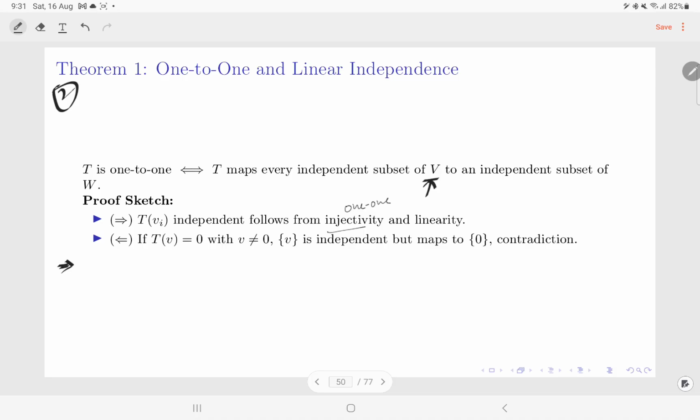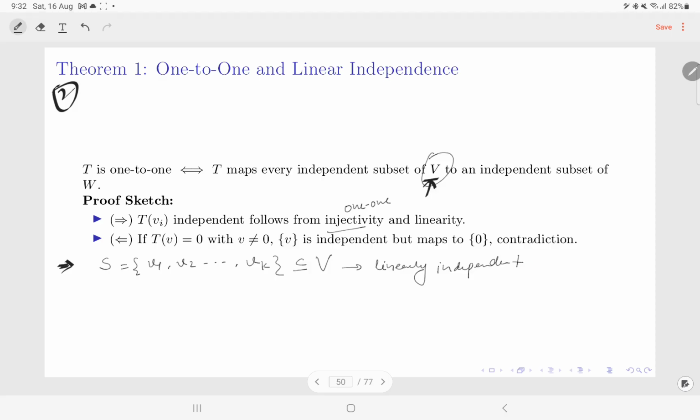Okay, how can you solve that? Let's suppose a set S has vectors v1, v2 and so on up to vk, which is a subset of your vector space V, and these are linearly independent.